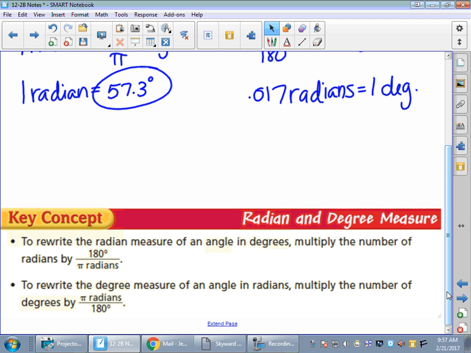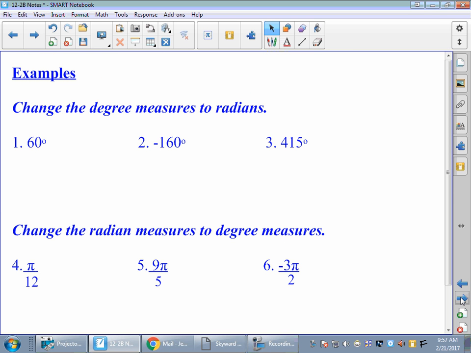It just shows a flip-flop of each other, and now you can tell where the 180 over pi or the pi over 180 comes from. All you really need to know is that we multiply by this or by this, depending on which way we want to convert. That's what this whole lesson is: converting degrees to radians and then radians back to degrees.